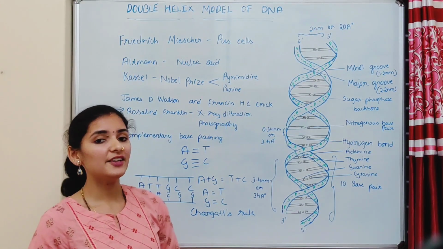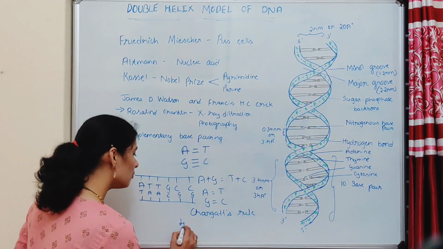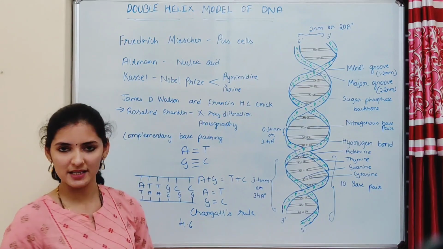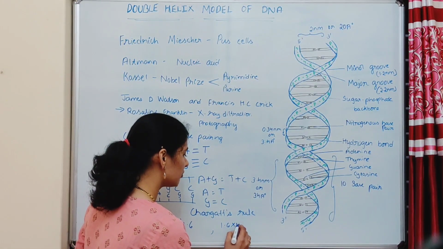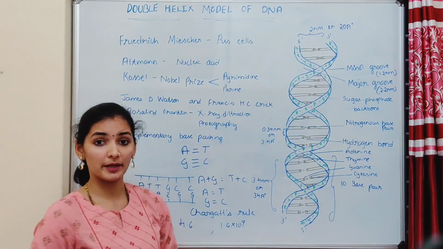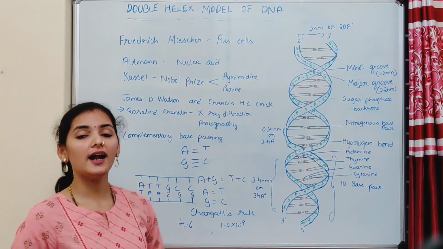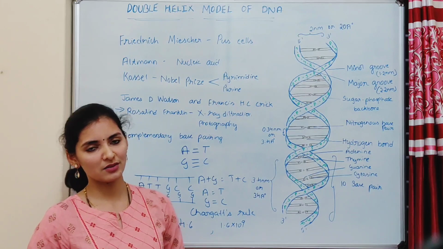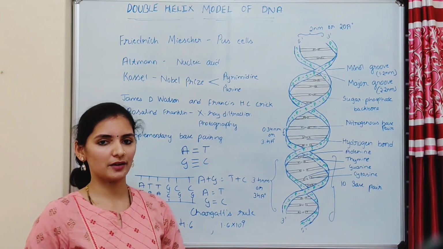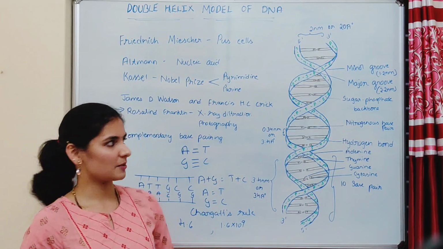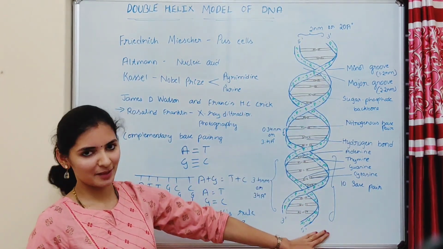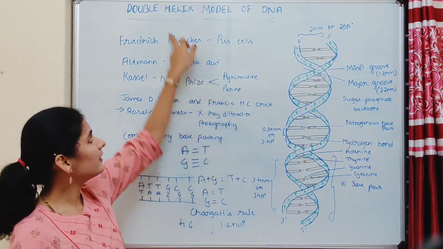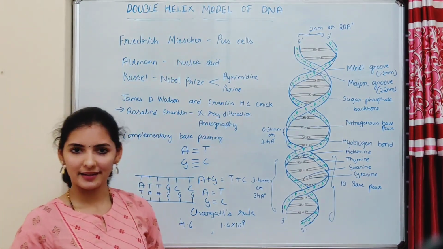For example, Escherichia coli has 4.6 million base pairs and the human haploid genome has 3.2 × 10 to the power of 9 base pairs. So the length of the DNA and the number of base pairs present on the DNA is specific to the species. So that is about the structure of DNA explained by Watson and Crick in the double helix model of DNA.